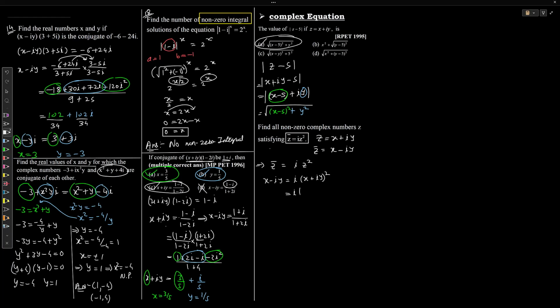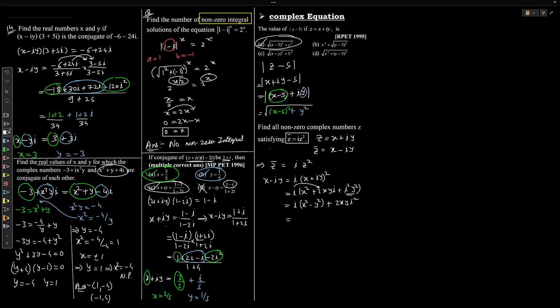We have to simplify our right hand side. Open the bracket, we'll get x square plus 2xyi plus i square y square. Multiply by i, we'll get i times (x square minus y square), and the middle term will give us 2xy i square.